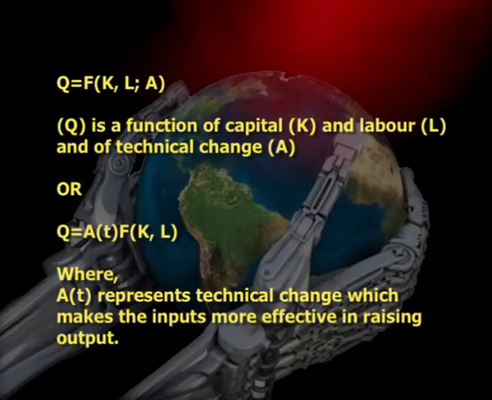The production function for such a technical change is written as Q is a function of capital K and labor L and of technical change A, or this function can be written as Q is equal to A(t) into the function of K, L, where A(t) represents technical change which makes the inputs more effective in raising output.